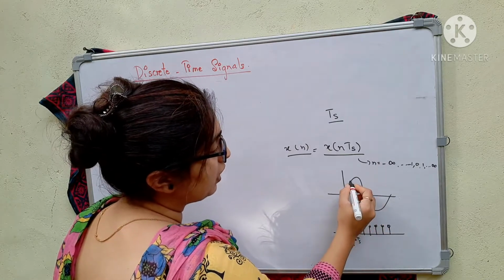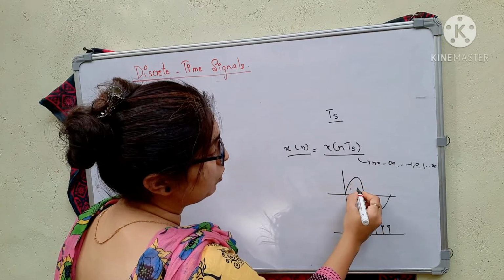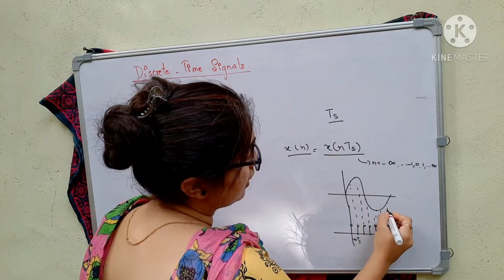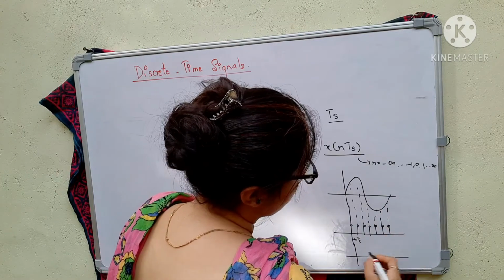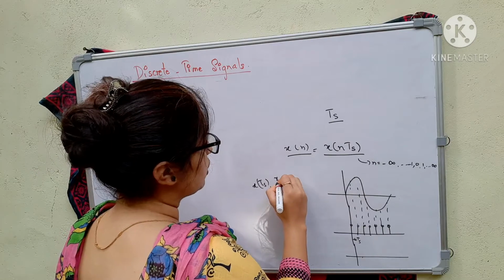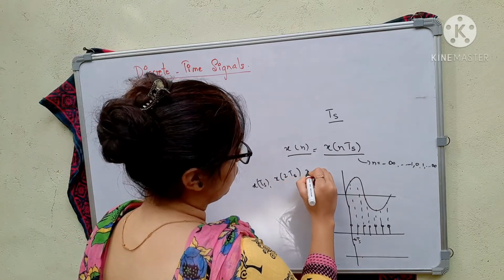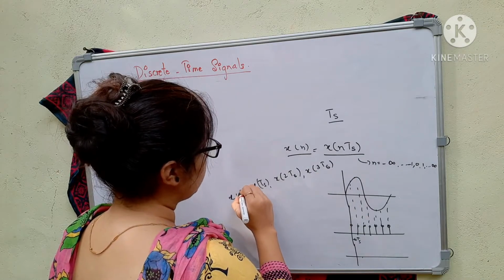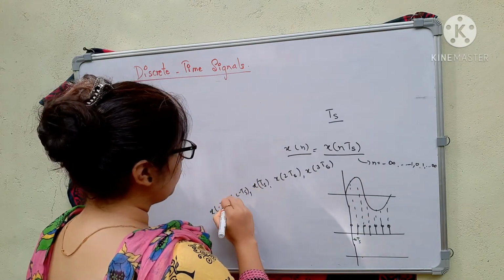At each particular point, whatever value we have, we are going to get it. That will be your discrete time signal: x of Ts, x of 2Ts, x of 3Ts, and here x of minus Ts, x of minus 2Ts.